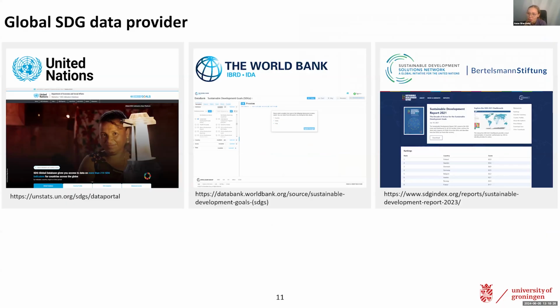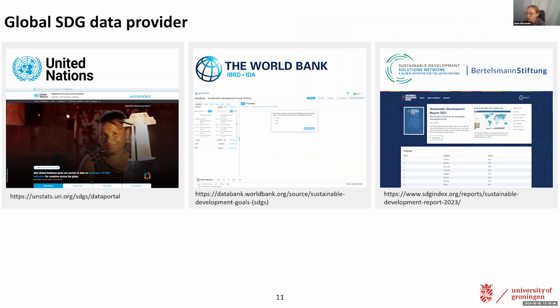So what we have are 3 global SDG data providers. Everyone knows, obviously, the United Nations. Then we have the World Bank, and then we have what we call the SDR, Sustainable Development Report, which is from the Sustainable Development Solutions Network and the Bertelsmann Stiftung.